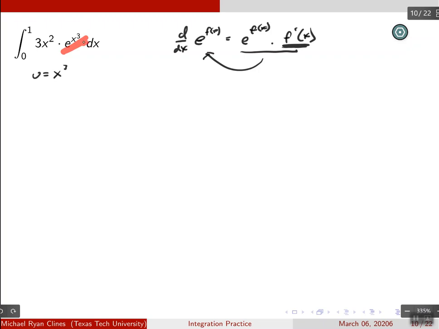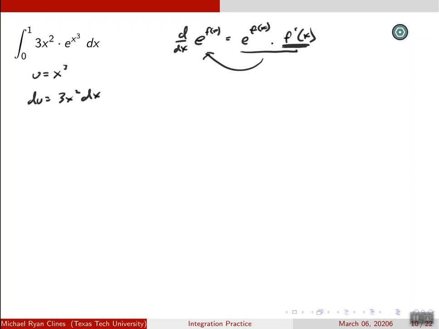Like 80% of the time, that's what you're going to want to do. Set u equal to that function. When we do that here, we get u is equal to x cubed, so du is equal to 3x squared dx. What do you know? You can already tell this is going to work out nicely.